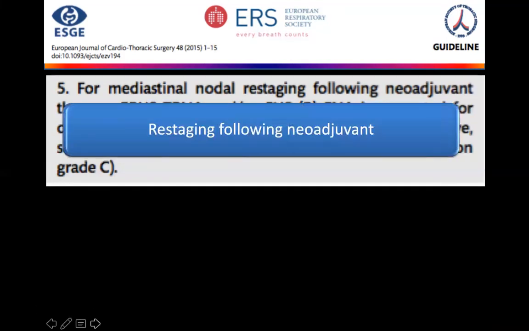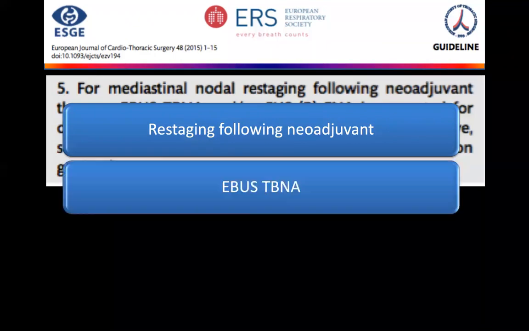What about restaging after neoadjuvant chemotherapy? What should you do? Once you've given neoadjuvant treatment, how should you restage? So they're saying that the modality of choice is actually an EBUS. Okay? Because mediastinoscopy carries a higher morbidity, 1.9 to 3.7% morbidity.